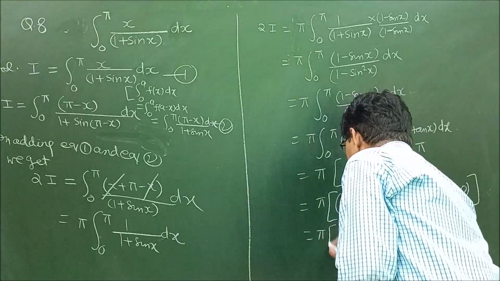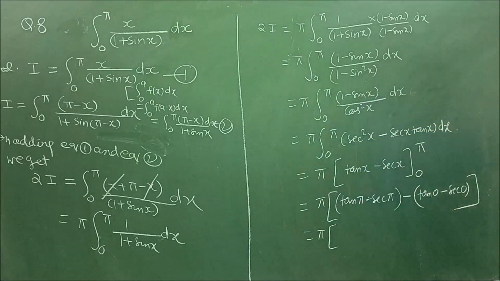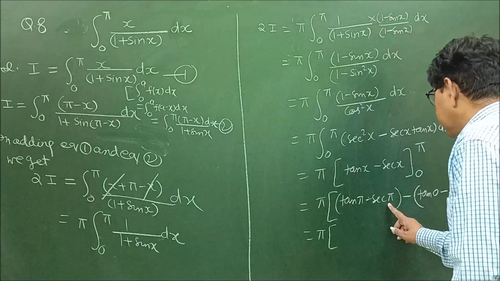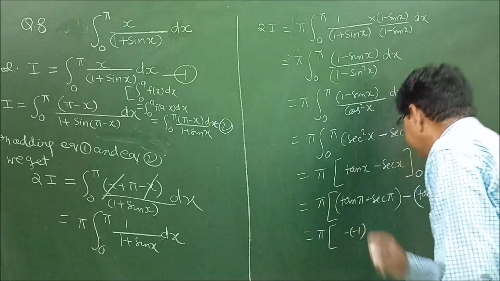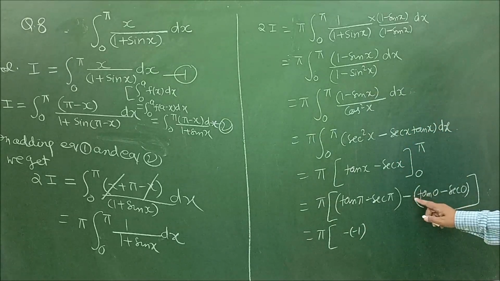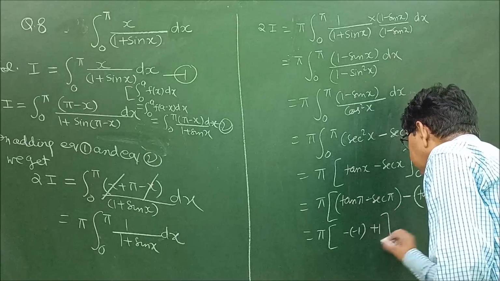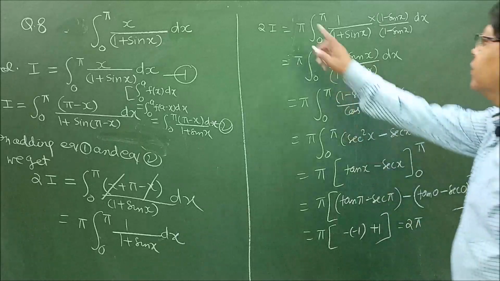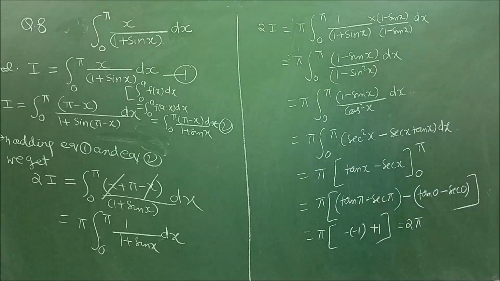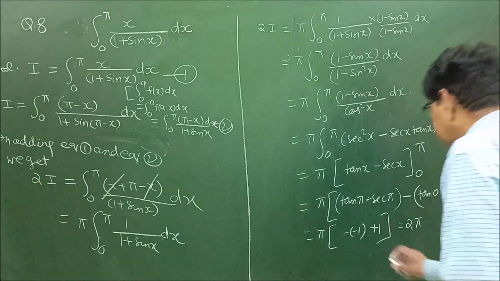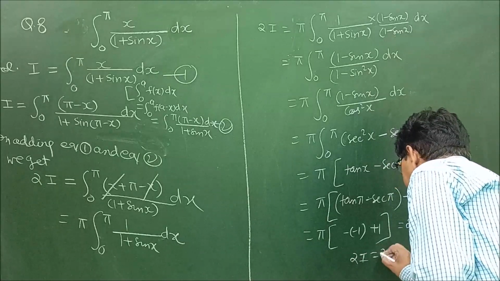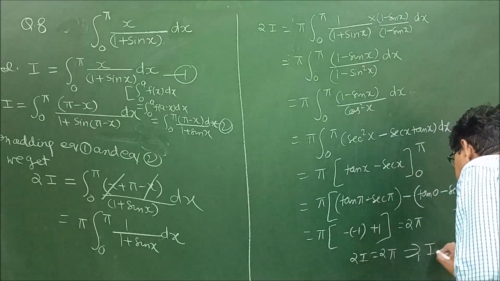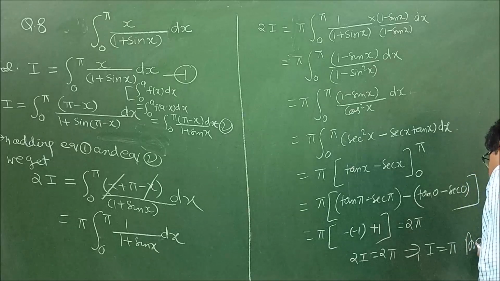Pi into the value of tan pi is 0, sec pi is equal to minus 1, so minus of minus 1, tan 0 is again 0, minus is plus 1, so 1 plus 1 is equal to 2 pi. So this 2I is equal to 2 pi, or I is equal to pi. 2I is equal to 2 pi, which implies that this integral is equal to pi. So this is the final answer of the question.